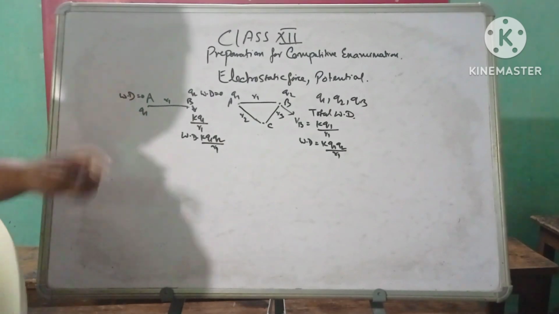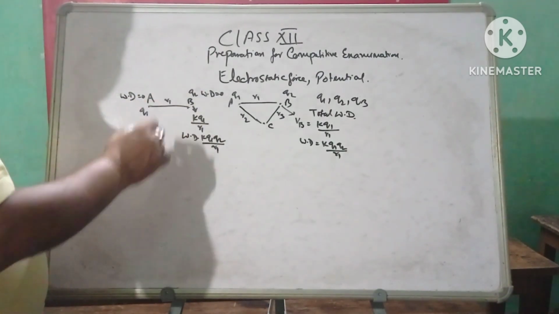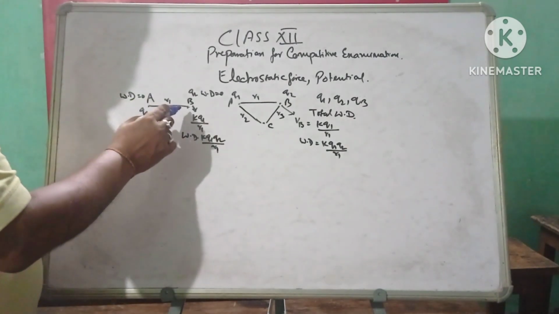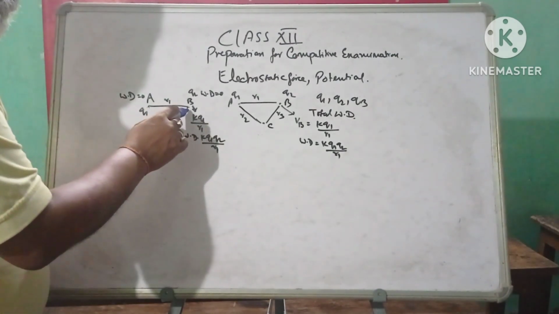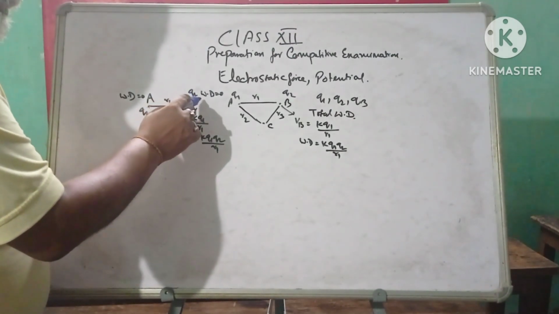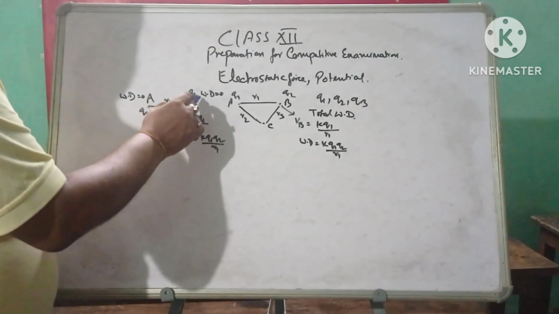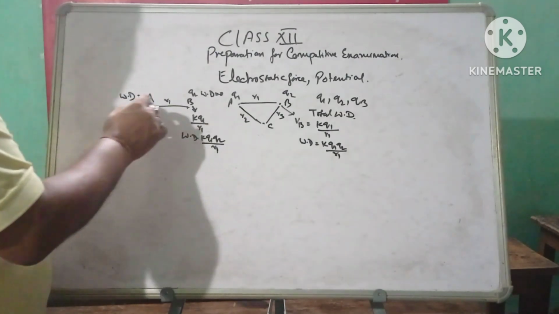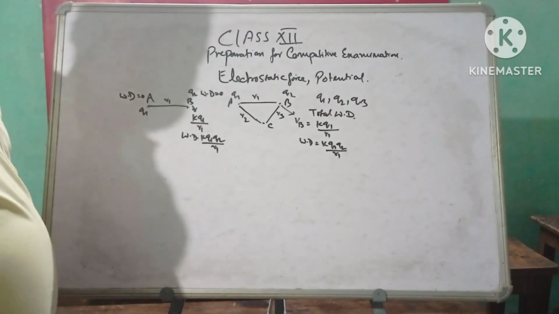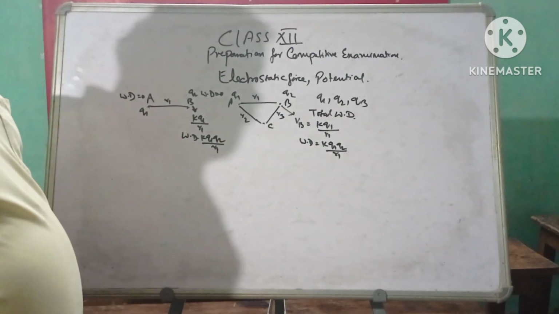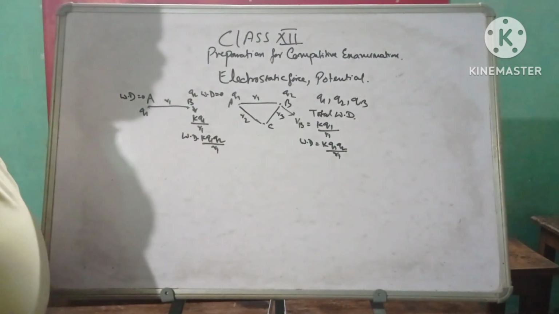Now see an important question here. When I have brought this charge Q2 to point B, we are calculating the potential created by Q1 and the work done in bringing the charge Q2 here. But we are not calculating the vice versa, that is, the potential here when Q2 is brought here. You brought the charge Q1 at A, so the work done is 0.